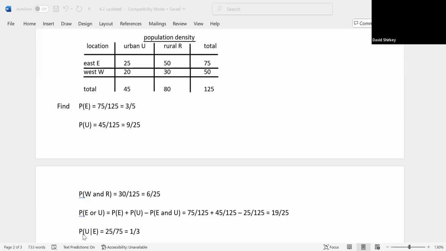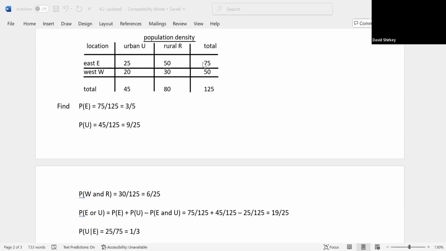This bottom one here is the probability of urban given that it's east. So we restrict because we're given east. Whatever you're given after this slash mark here, we're not looking at the total of 125 anymore.